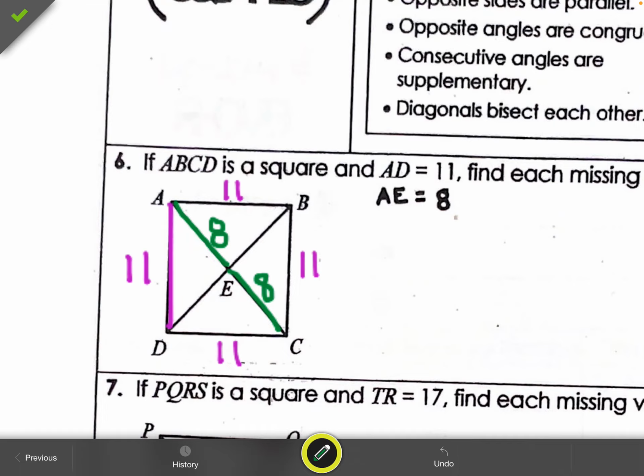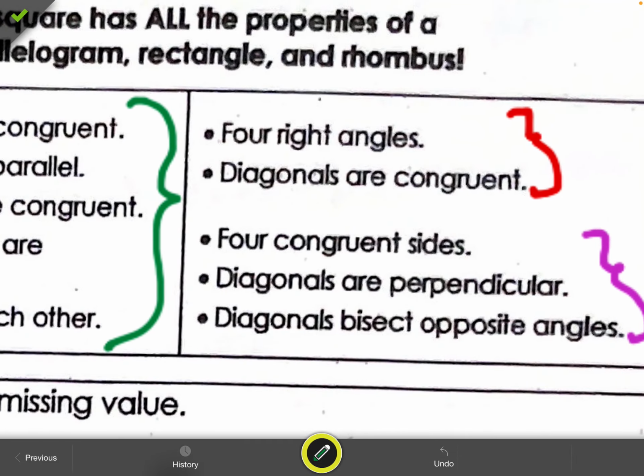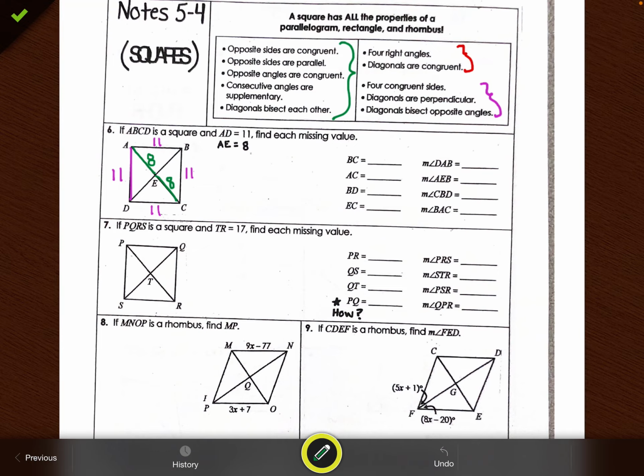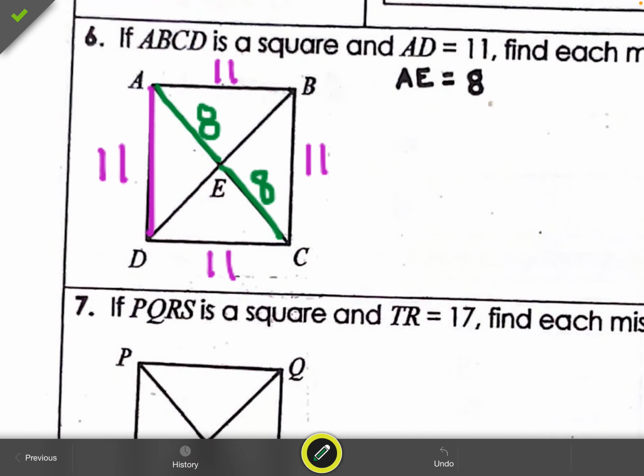Now, what do we know from our rectangle? From our rectangle, we know that diagonals are congruent, so we can also use that fact. Well, if our diagonals are congruent, meaning AC is the same measure as DB, if we look, AC would be 16 because 8 plus 8 is 16.